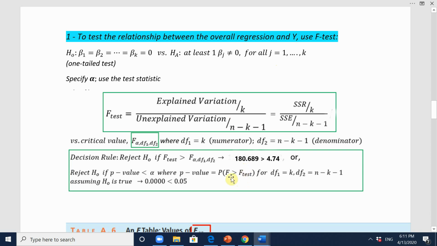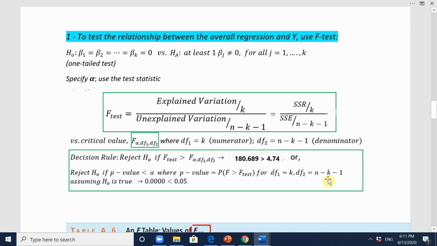So I want to know the likelihood of finding an F point greater than 180.689 for a fixed set of degrees of freedom. Here df1 equals k, in this case 2, and df2 equals n minus k minus 1, in this case 7, right?